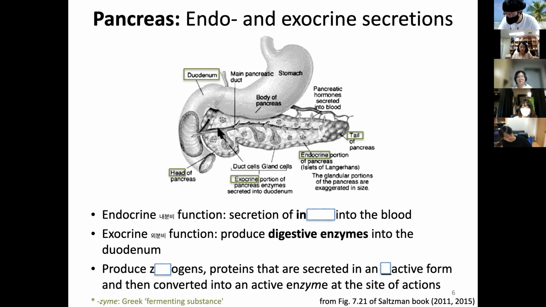And the pancreas has this digestive enzyme juice, which we call exocrine, meaning external. It secretes outside, so it acts through the duct, and it contains glands. So pancreatic enzymes are secreted into our GI tract. But at the same time, the pancreas also secretes special content into our bloodstream.